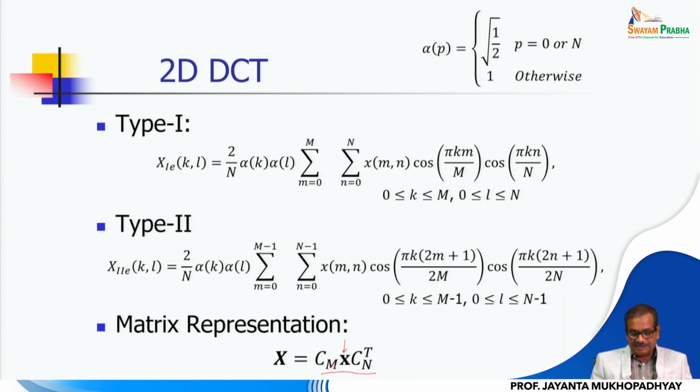It is basically pre- and post-multiplication by the transformation matrices of the respective dimensions. If it is an m cross n array, you have the m-point type 2 DCT transformation matrix and the n-point type 2 DCT transformation matrix, and this is the way you are applying it.